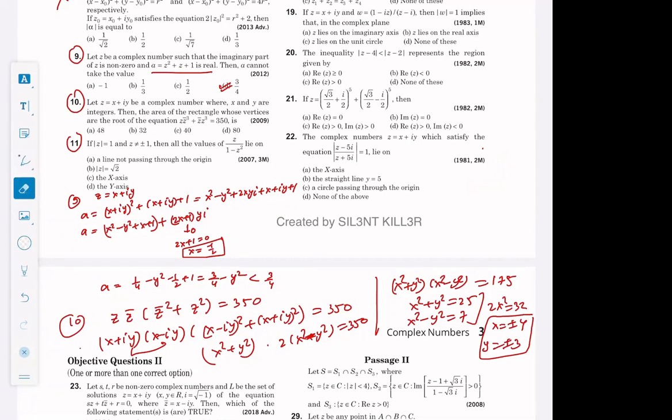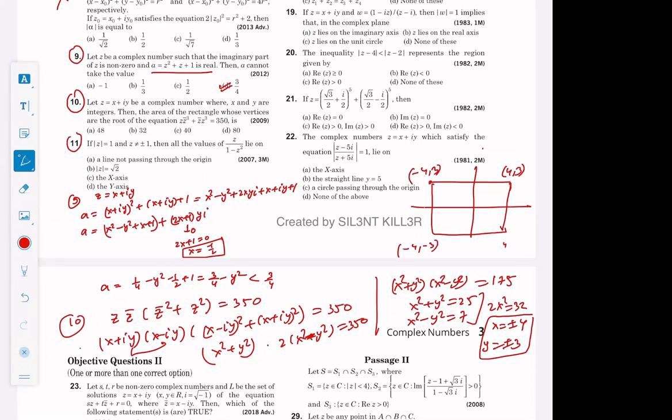If you mark these points on the coordinate axis, you will get a rectangle. This one is (4, 3), this one is (minus 4, 3), this one is (minus 4, minus 3), this one is (4, minus 3). So this is the rectangle whose one side is 6 and other side is 8.